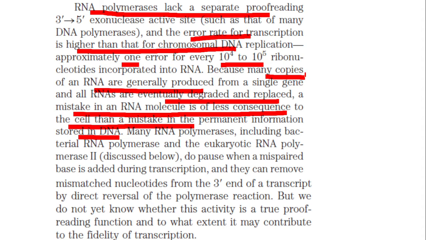So since a large number of mRNAs are produced, even if some of them contain one or a few wrong bases, it is not going to affect us badly. Secondly, you are going to study something called the wobble hypothesis. Wobble hypothesis is a section of translation. That also will help us to avoid the error of these wrong nucleotides being added on the RNA.